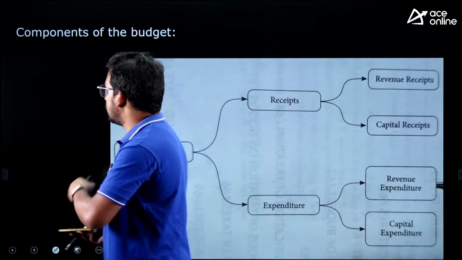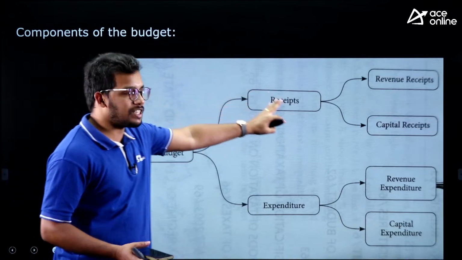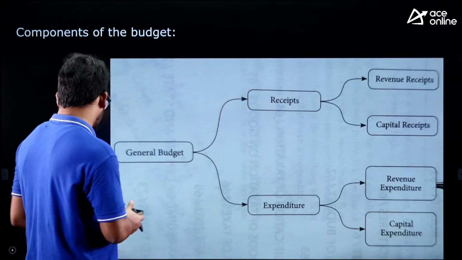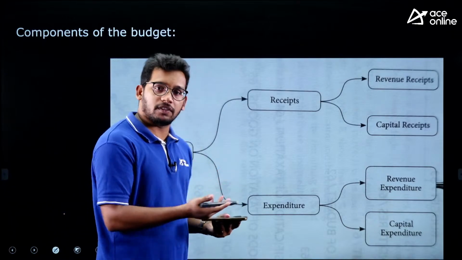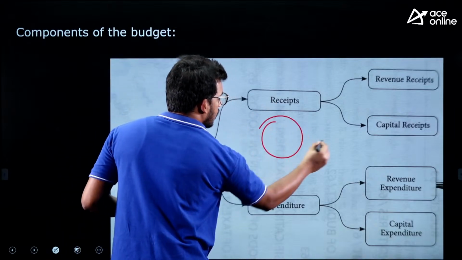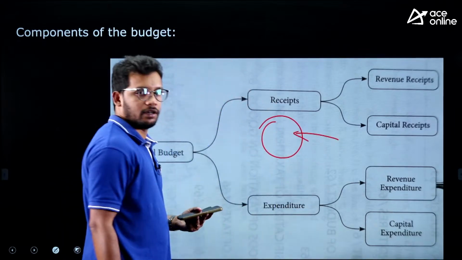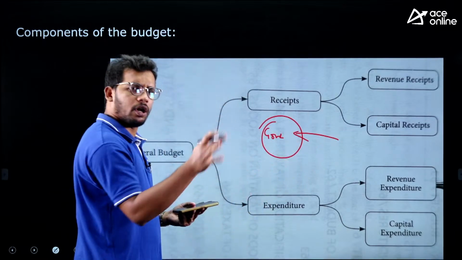We have discussed this. Now if you see the components of the budget, there are two components, receipts and expenditure. You need to understand it; blindly you cannot mug up these things, you will forget. Receipts means the money the government receives in that one year from all sources.